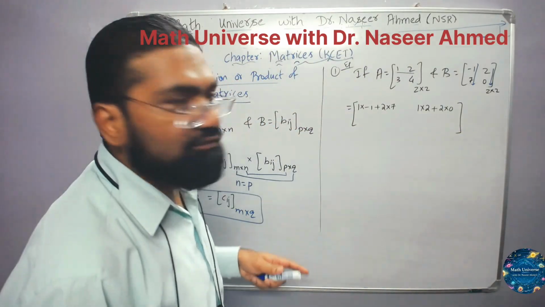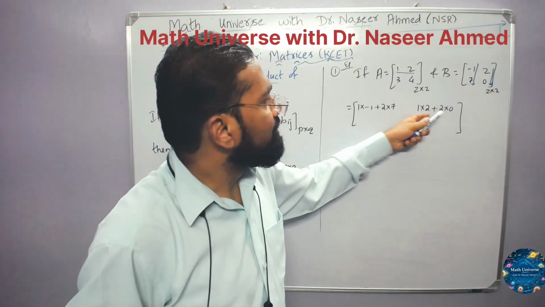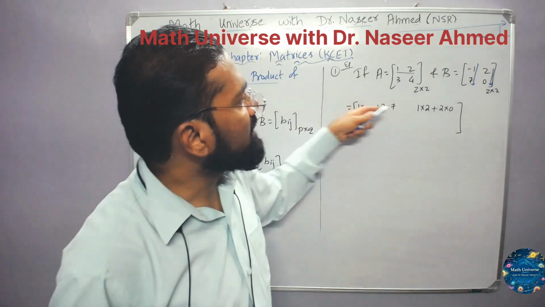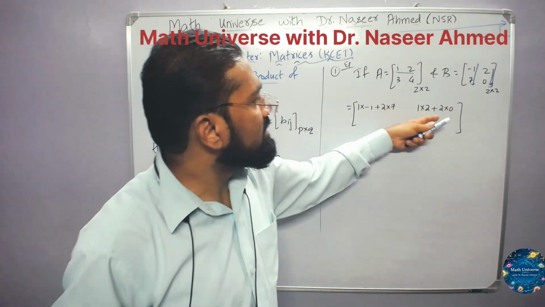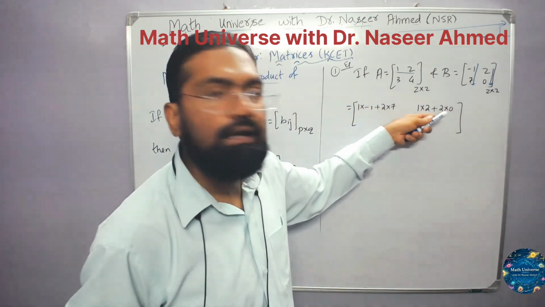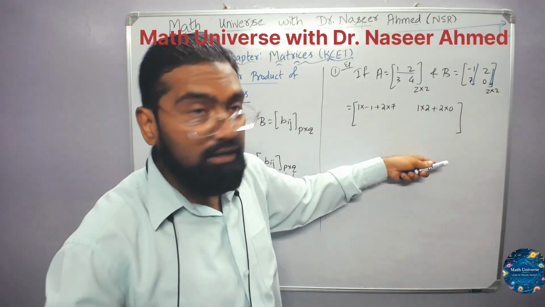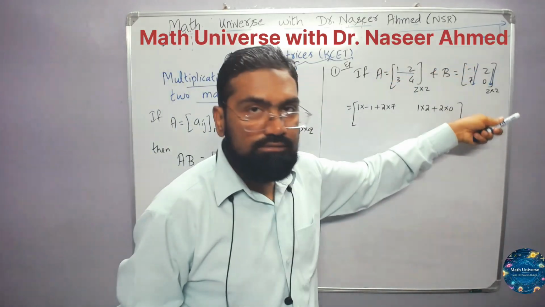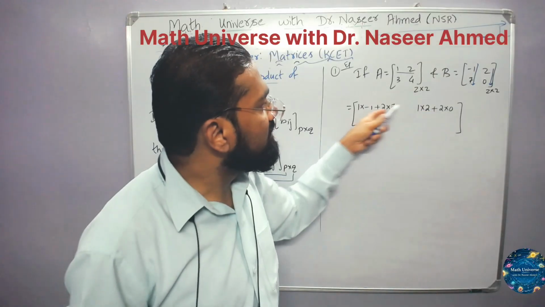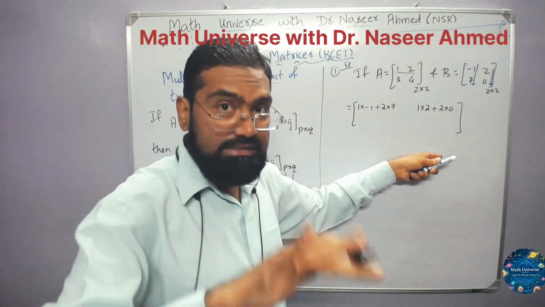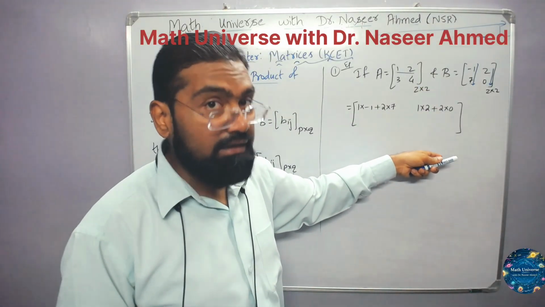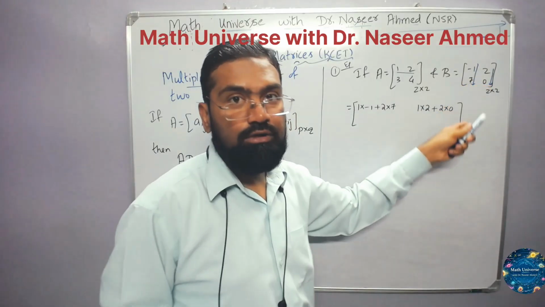To avoid confusion, it is very simple. This location is in the first row, second column. This entire element, 1 into 2 and 2 into 0, is in the first row, second column. So we are multiplying the first row with the second column to get the answer.